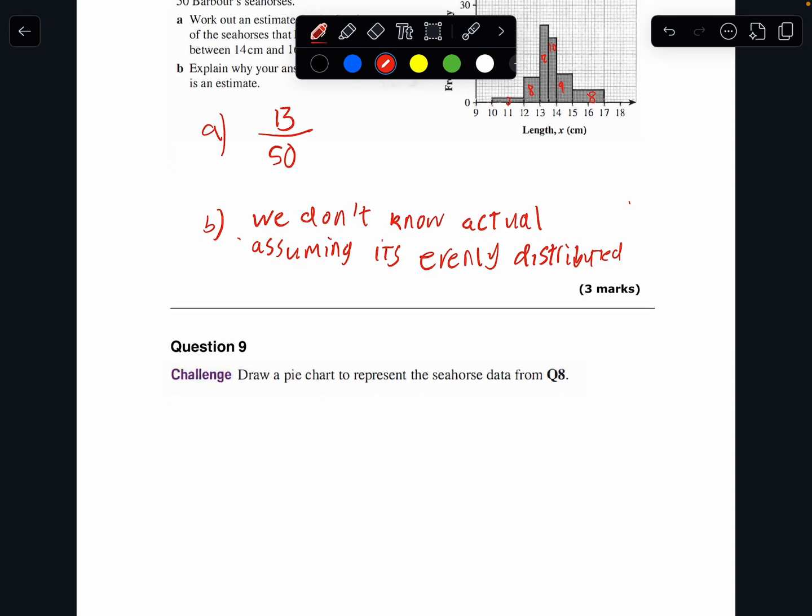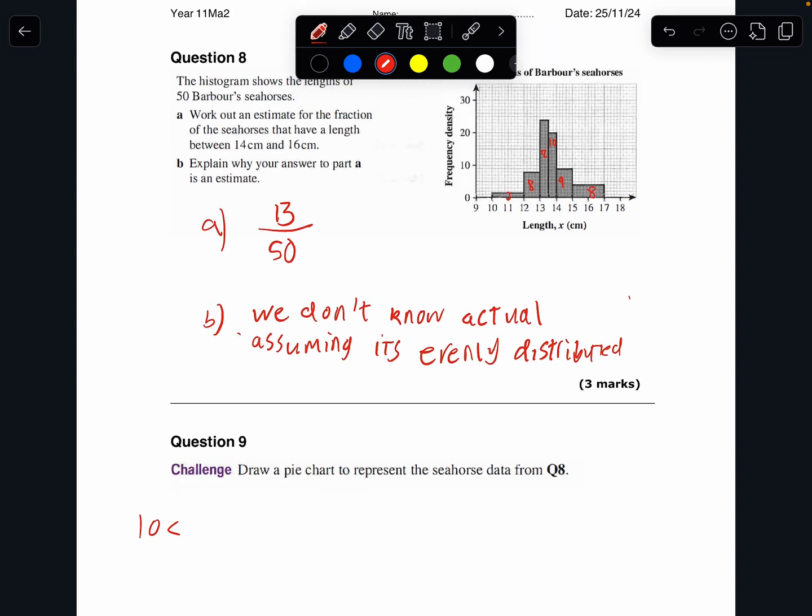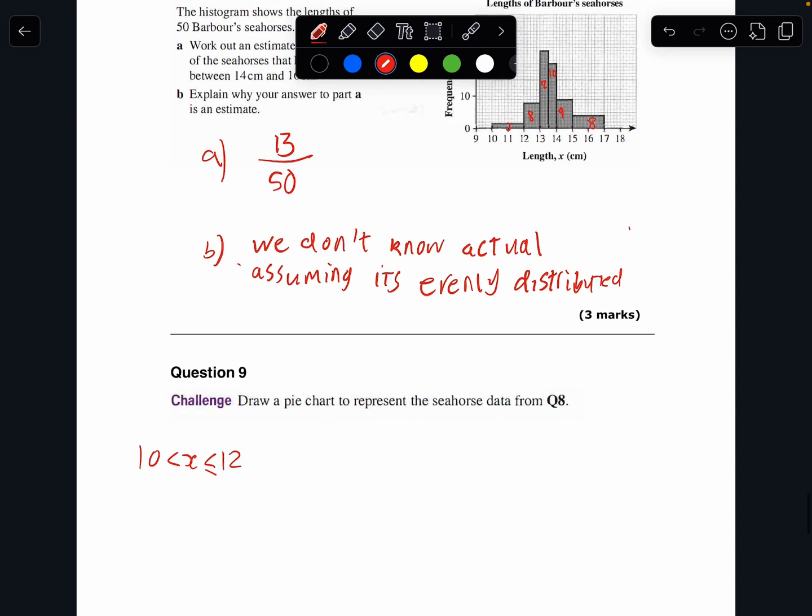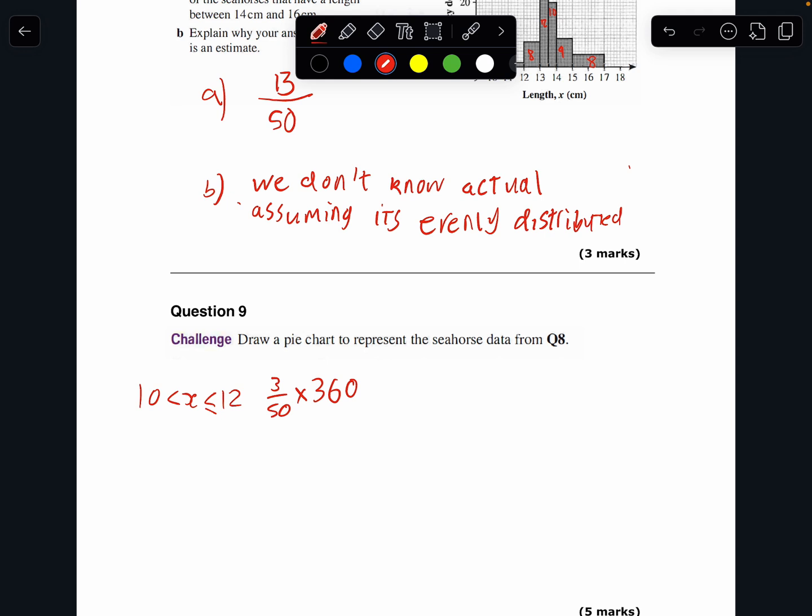So for 10 to 12, 10 less than x less than or equal to 12 is going to be 3 over 50 times 360. 3 over 50 times 360 is going to be 21.6.